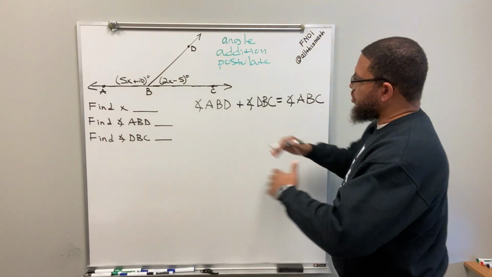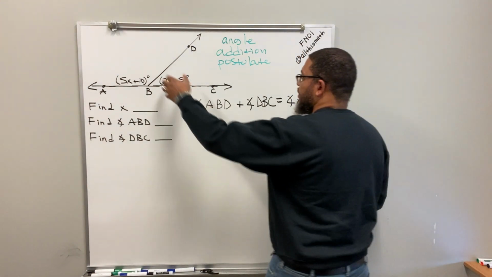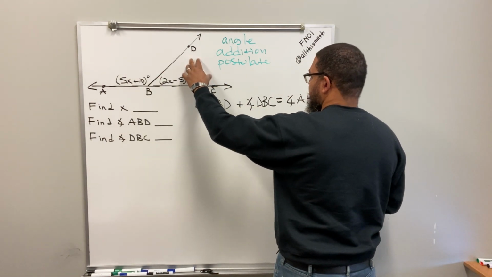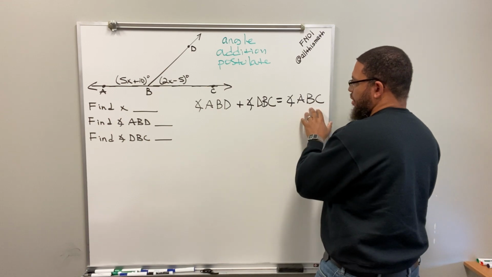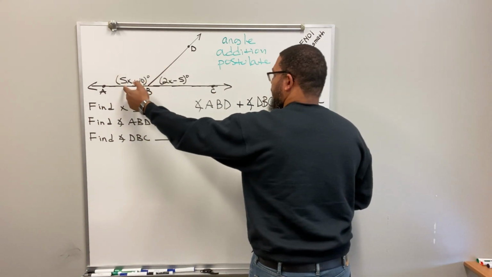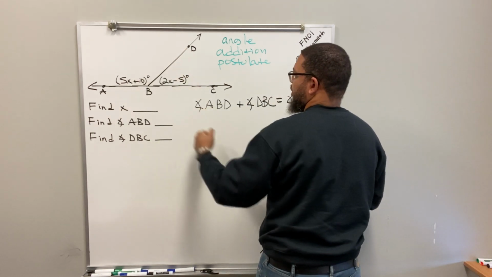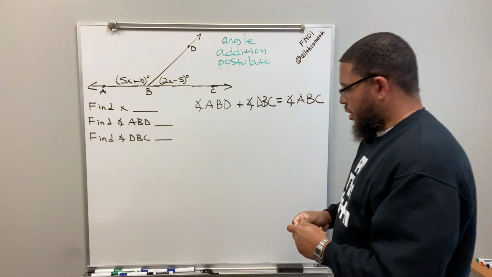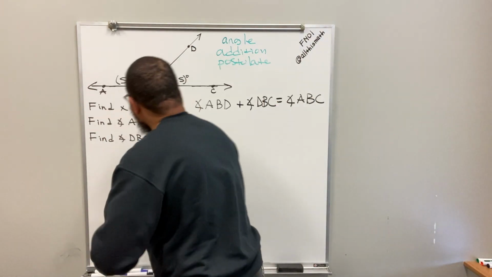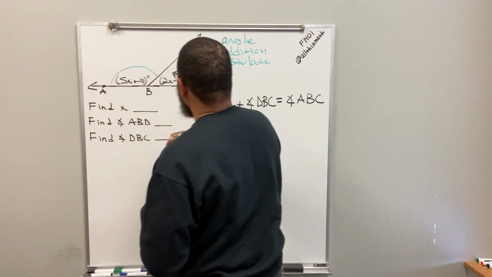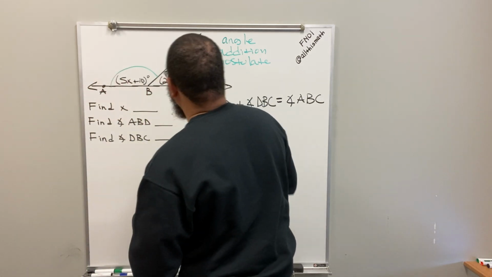Now, this is my original setup. Angle ABD, which is this, plus angle DBC, which is this, is equal to angle ABC, which is the straight line. Because this plus this creates this whole angle. All right? So if you want to think about it like this: this is one angle, this is another angle.